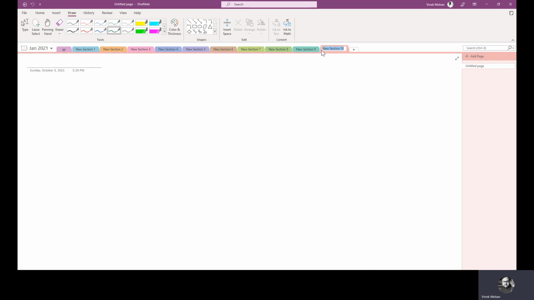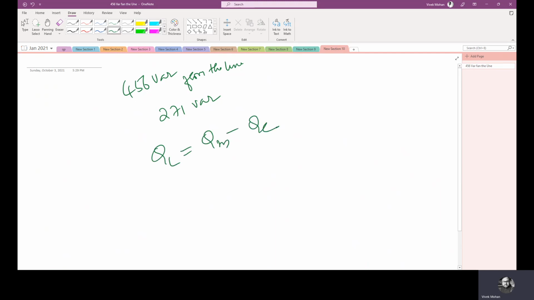So the motor draws 456 VAR from the line, but the capacitor furnishes 271 VAR to the same line, right? So the net reactive power drawn from the line, QL equals QM minus QC.